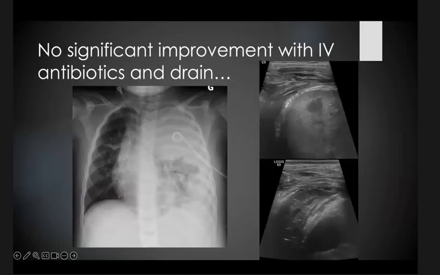So he had a drain and no significant clinical improvement with IV antibiotics. And we did an ultrasound to see what was the part of the empyema. So here you see that the empyema is really heterogeneous, and you see too that the lung is completely filled with fluid with some parts of necrosis.